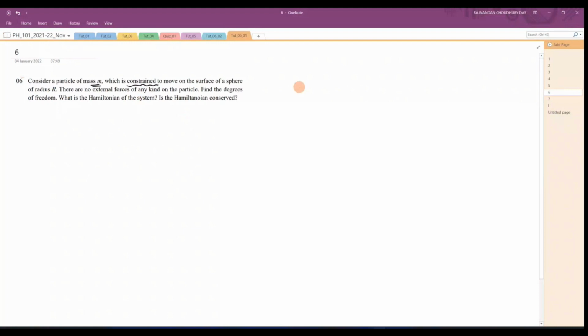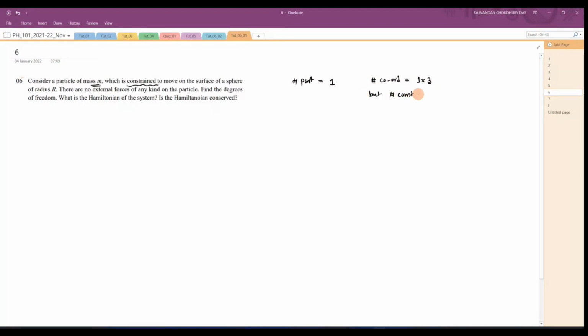How many particles are there? Only one. One particle is moving. If this particle is free to move, how many coordinates will it require? It will require 3, 1 into 3, because it is in 3D. But there is a constraint. How many constraints?